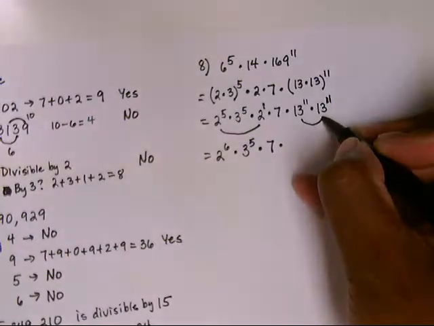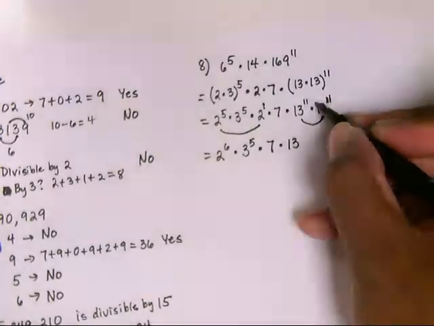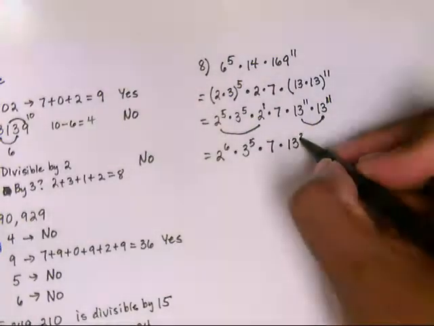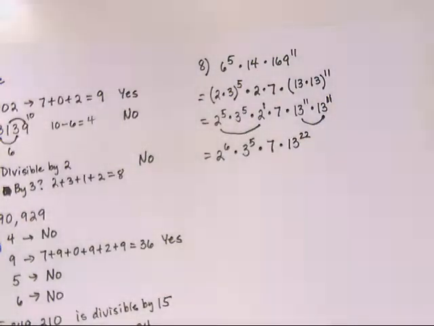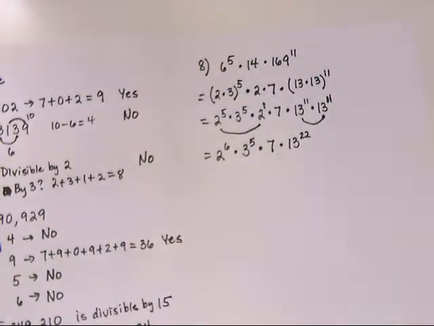For the 13 to the 11th times 13 to the 11th, bring over the 13 and add the exponents to the 13. So it'll be 13 to the 22nd power. So this is the prime factorization of this expression here. 2 to the 6th times 3 to the 5th times 7 times 13 to the 22nd power.